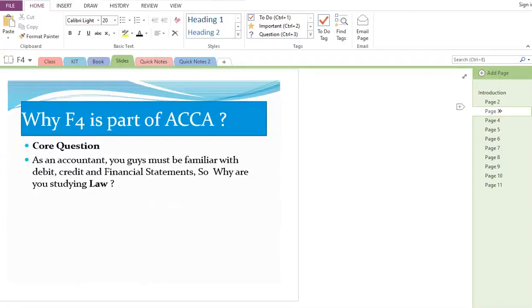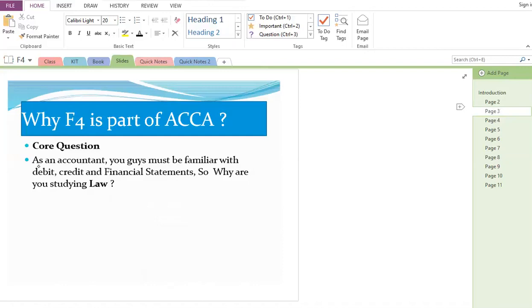As a certified chartered accountant, why do you need a good understanding of the law? You are not going to become a lawyer, you want to become an accountant. So why at this level of ACCA is this paper introduced? What is the rationale behind it?